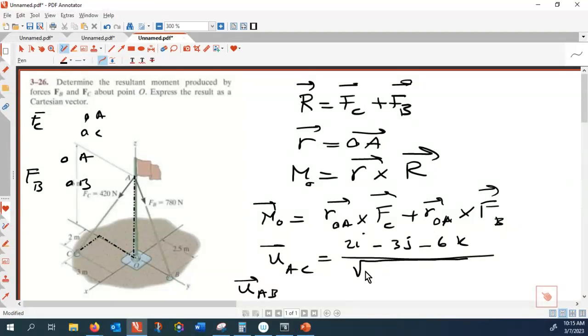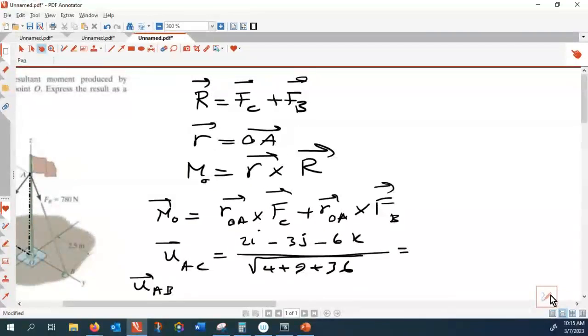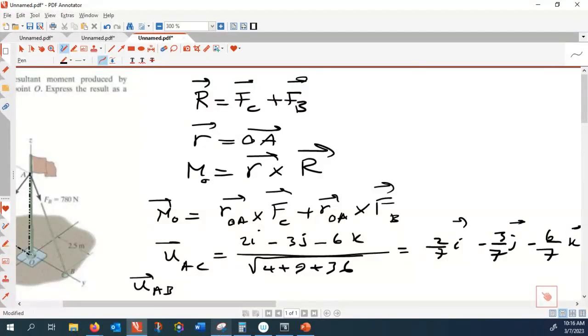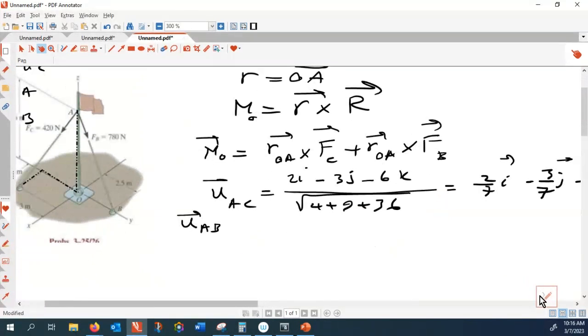And the magnitude is the square root of 4 plus 9 plus 36, which is 7. So the unit vector is 2 over 7 i minus 3 over 7 j minus 6 over 7 k. Yes?